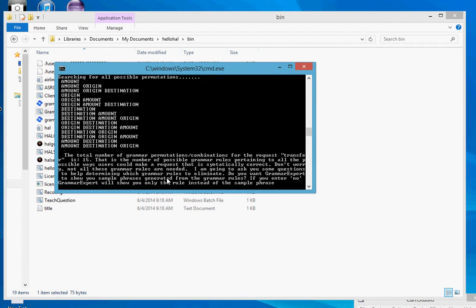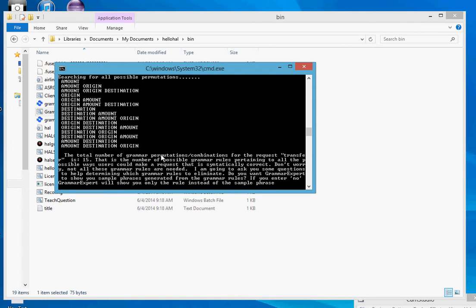And now the next part of the Grammar Pro is it's looking at all the different ways and variations that these various grammars that it has built for us can be combined. This is what allows true natural language, complex phrases, longer phrases. And so it shows us all the various combinations and permutations that it found. It also has the ability to provide sample questions. There are situations that are fairly complex where we do not want Grammar Pro to provide sample questions.